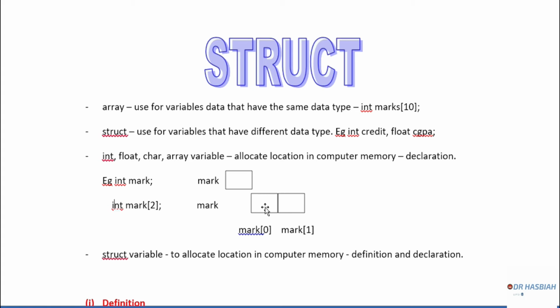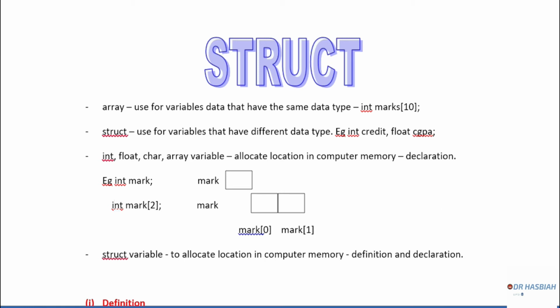The first element is in the first box, and you refer to it by mark index 0, and then the second is index 1, or subscript 0 or subscript 1. So just imagine, when you do any declaration, we allocate a location for that variable mark, and in this case this is the array mark here.